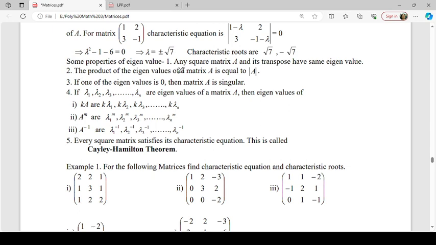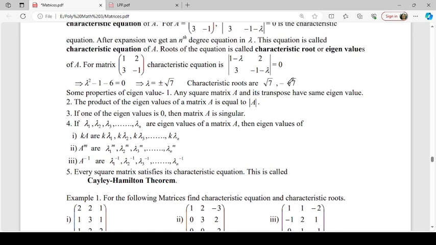The product of the eigenvalues of a matrix A is equal to the determinant.